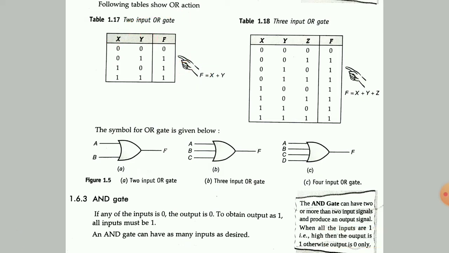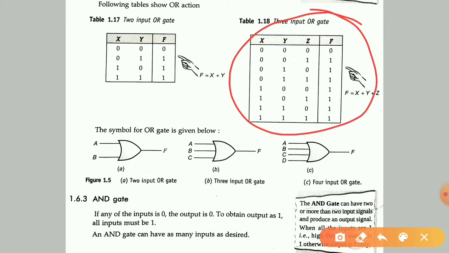If we see the 3 input OR gate, the truth table is defined here. For 3 inputs, the total number of input combinations is 2 to the power n, so 2 to the power 3 equals 8.